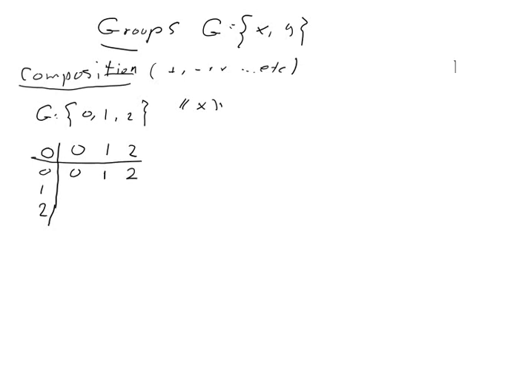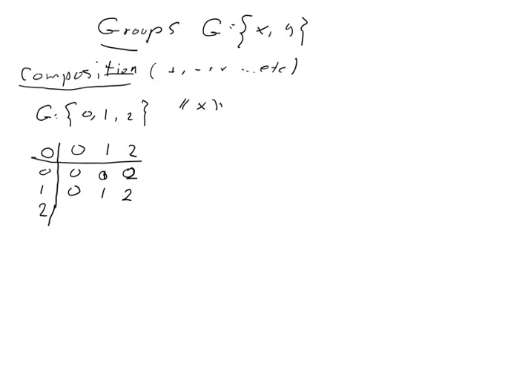Now we start with 1. 1 composition 0 is 0. 1 composition 1 is 1. 1 composition 2 is 2.